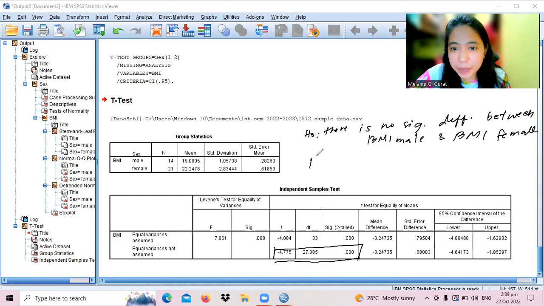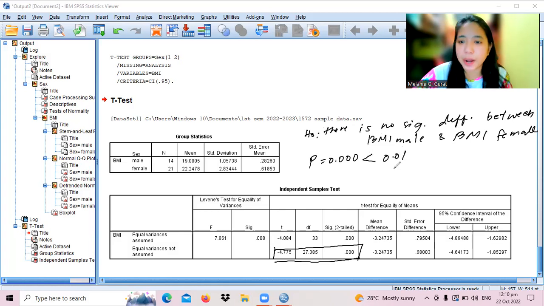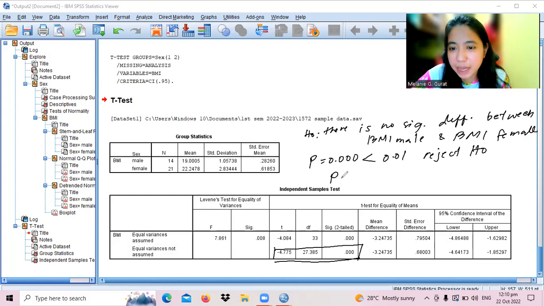However, here p is equal to 0.000, which is less than 0.01, indicating that we are going to reject HO.